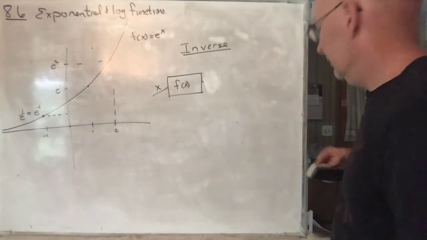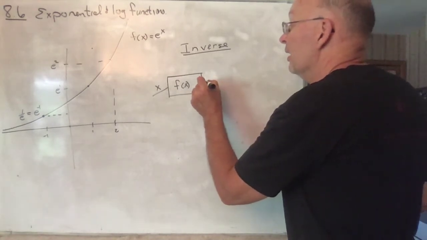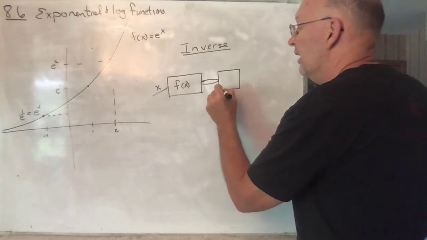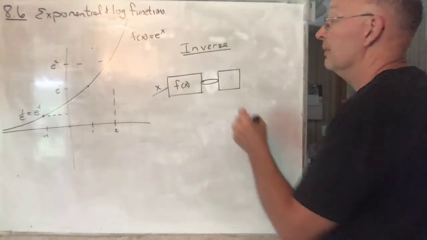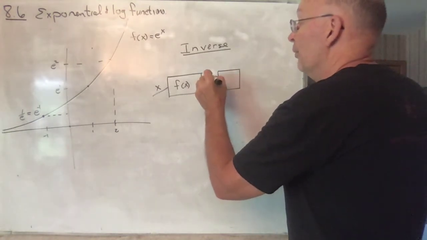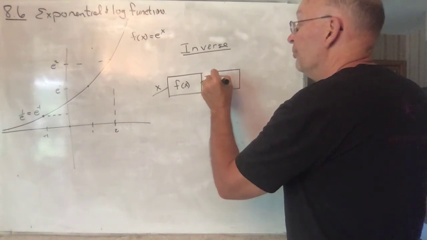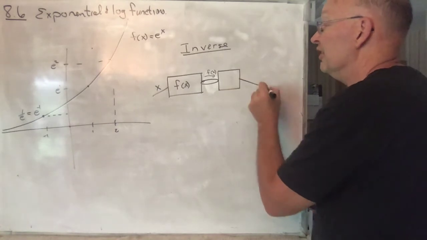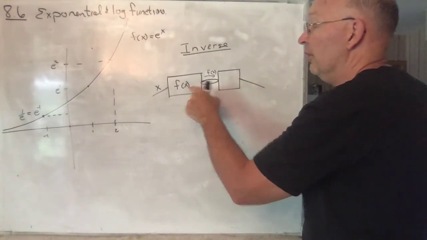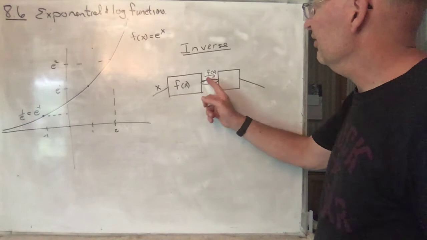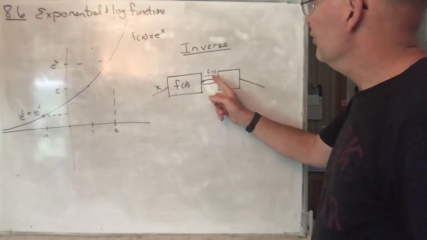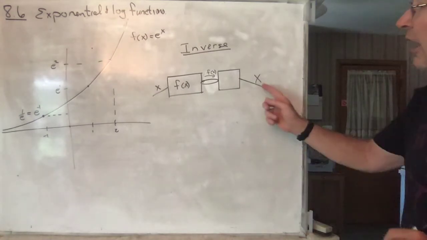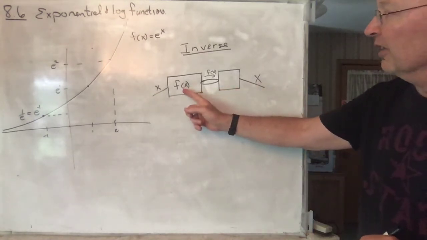It says, hey, before you look at that number, put yourself on a conveyor belt, and so f of x goes into this machine. This machine takes an x and throws out f of x. This machine takes the f of x and gives you back the original x again. It undoes whatever this function does.